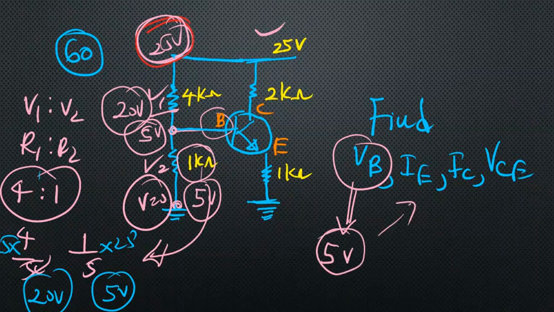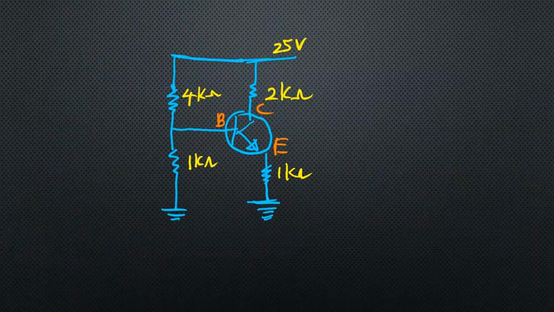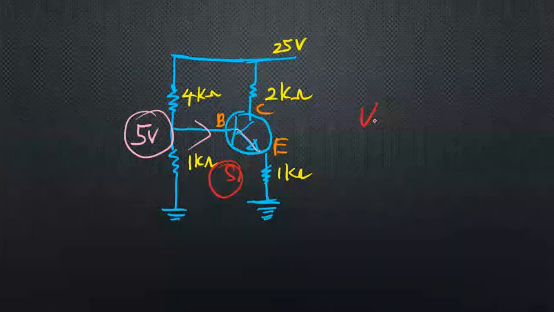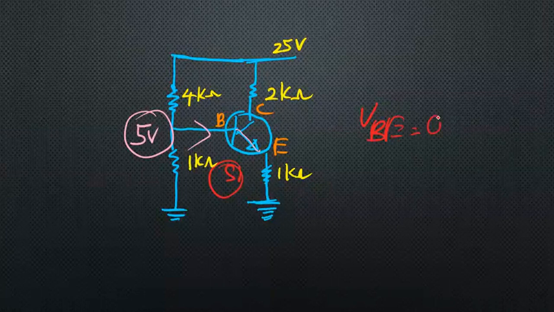Right, moving into IE. Now we have found the potential here. The potential at this point is 5 volt. Current goes through this BE junction, and we should take this as a silicon transistor. So the potential difference VBE is 0.7, that you know, right?